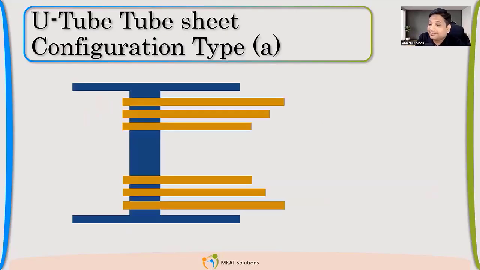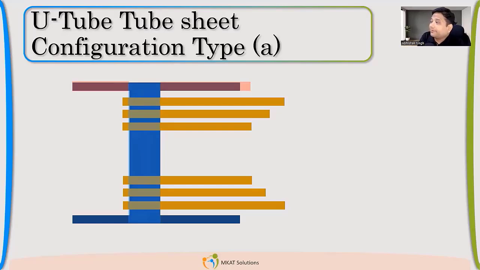What exactly is this? Double integral. So integral with shell also, integral with channel also. This is channel. This side is shell. And this is my tube sheet. So it is welded, that means it is integral.